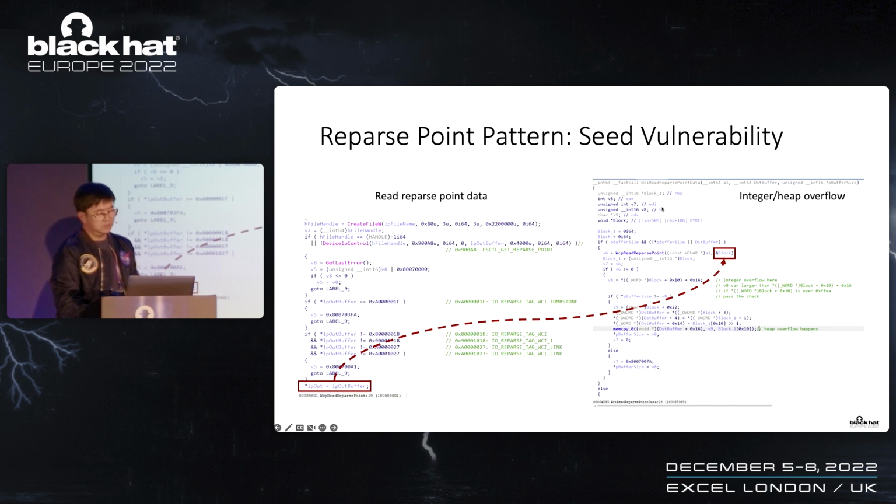After that, the function in the right figure is used to process the reparse point data, and you can see this line of code which has the integer overflow. There's a WORD value plus a constant assigned to a WORD value. When the integer overflow happens, this check will be bypassed, and the memory copy will cause an out-of-bounds access vulnerability.